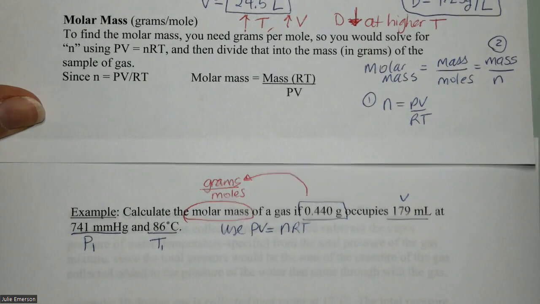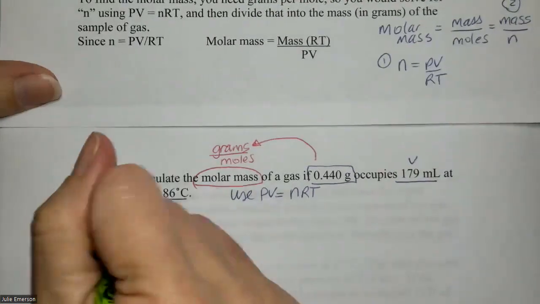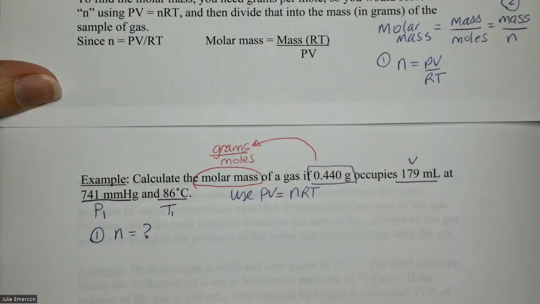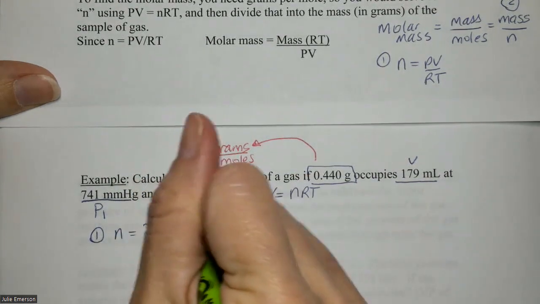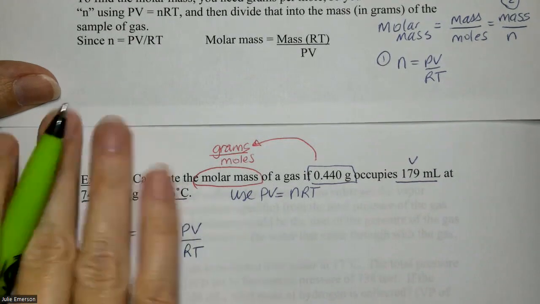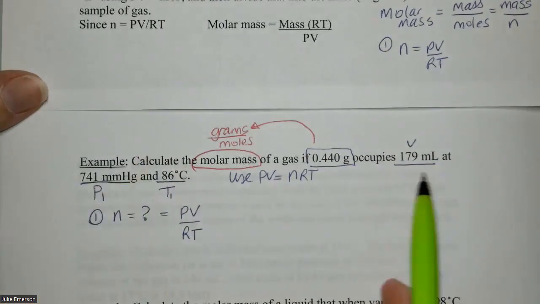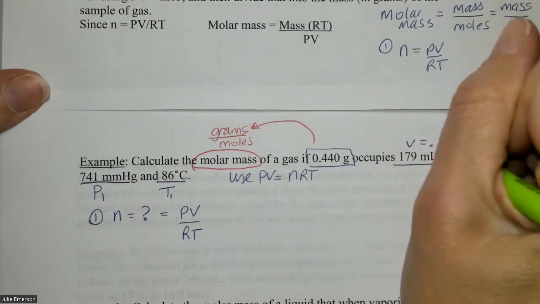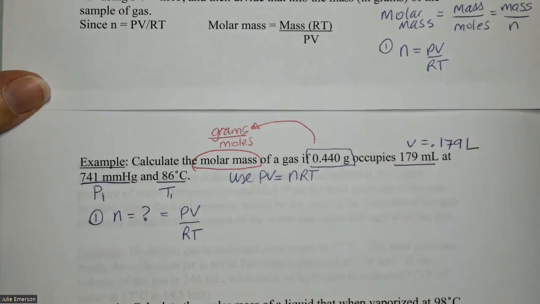So what we first need to find here is what is n, right? And that will come from PV equals nRT. So that'll be PV over RT. Now, some unit work. Because we're using R, volume has to be in liters. So I'm going to divide this by 1,000. So this is really 0.179 liters.